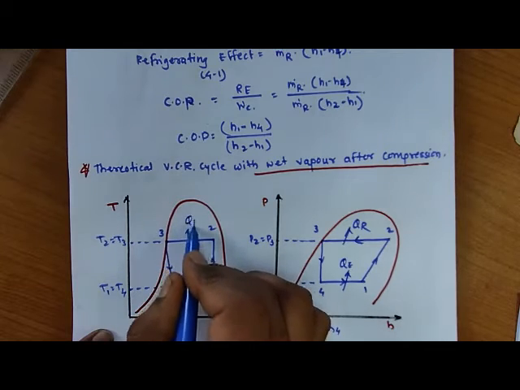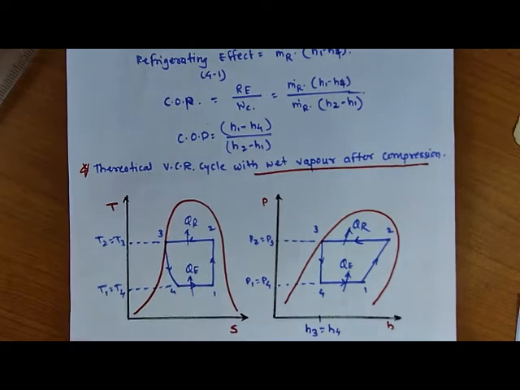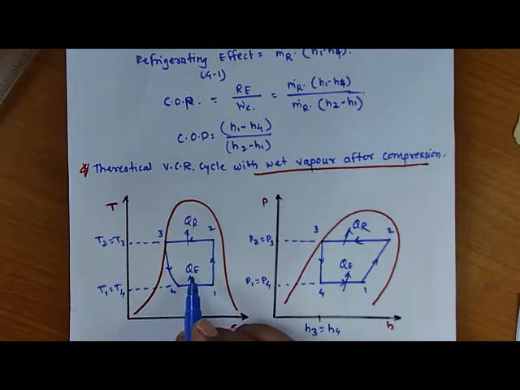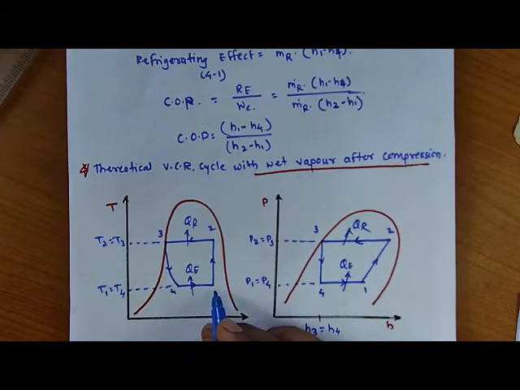Okay, so here is the QR and here is the QE. When the refrigerant absorbs its latent heat of evaporation, a phase change takes place. So some part of the liquid refrigerant will be converted into gas form. So that's why we have point number 1 here.